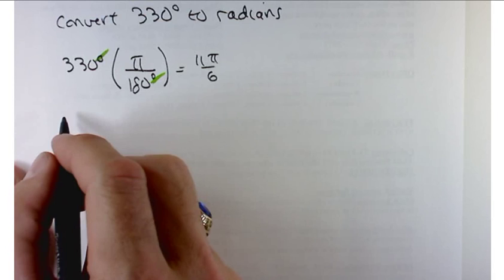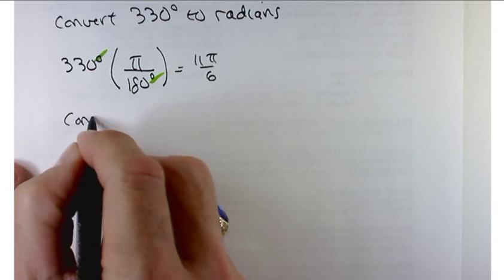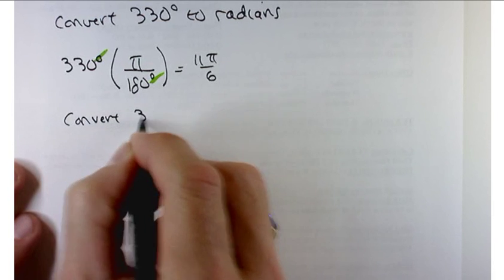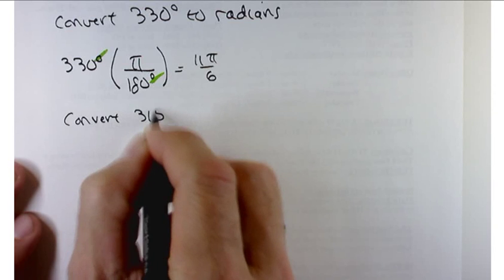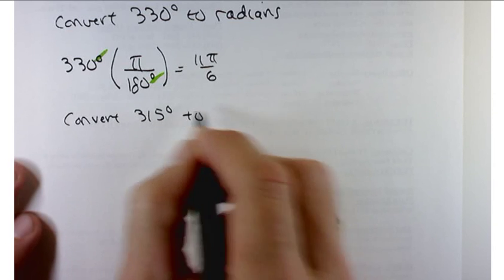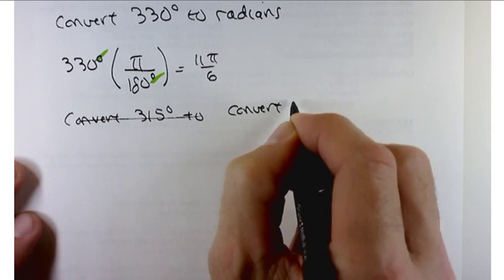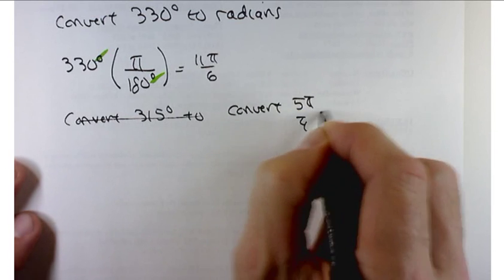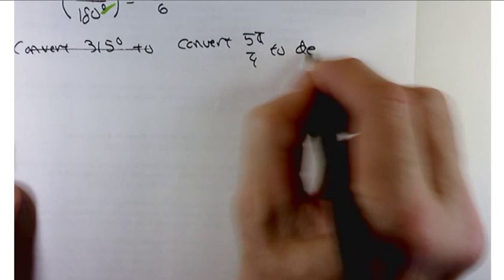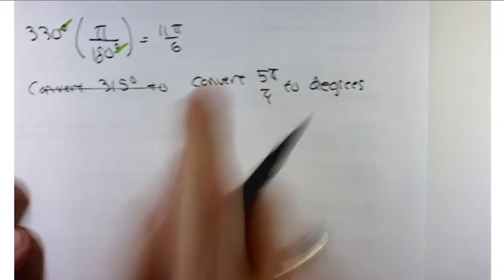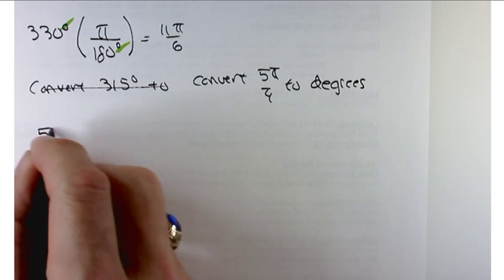If you had to go the other way, convert, say, 5 pi over 4 to degrees. It's kind of the same process. We've got 5 pi over 4.